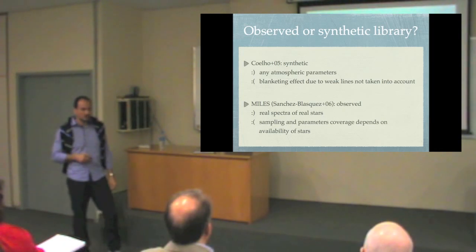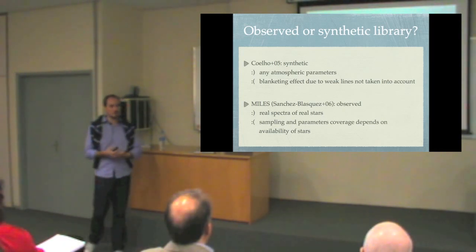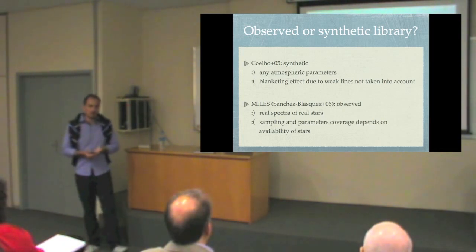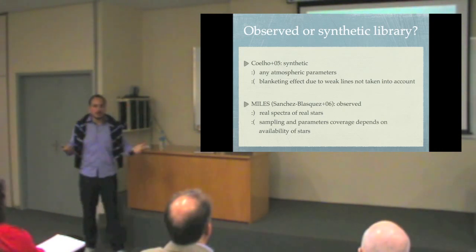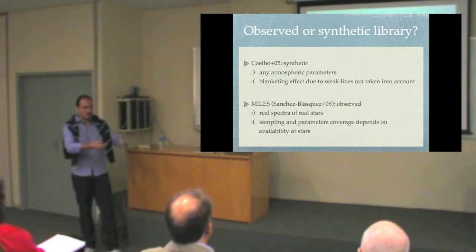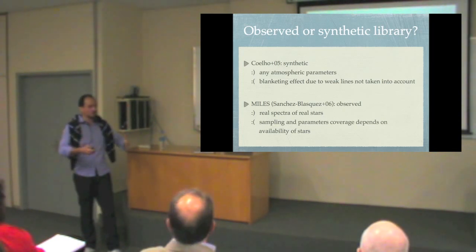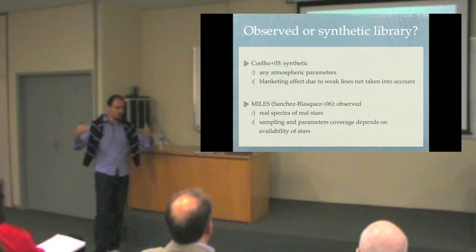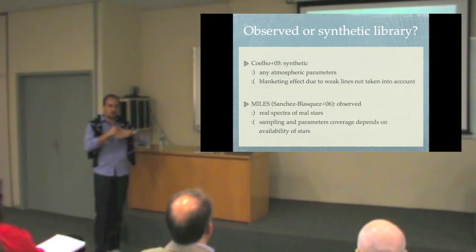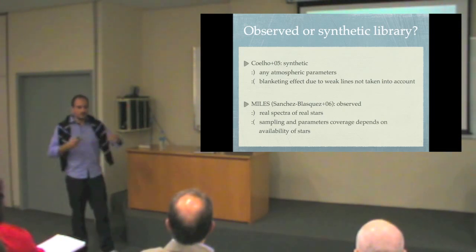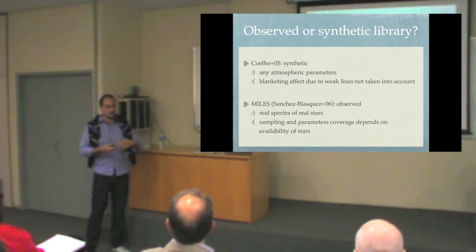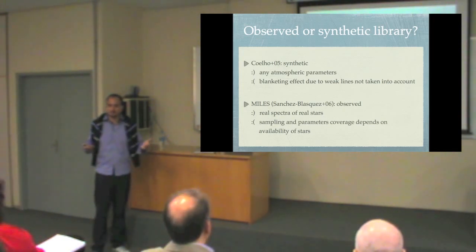For observed libraries, we have on the other hand real spectra of real stars. So many effects that we don't know yet are represented, even if you don't know they are real. So you can compare real spectra with real spectra and find a good match. However, the parameters are limited to the availability of stars that we observe.